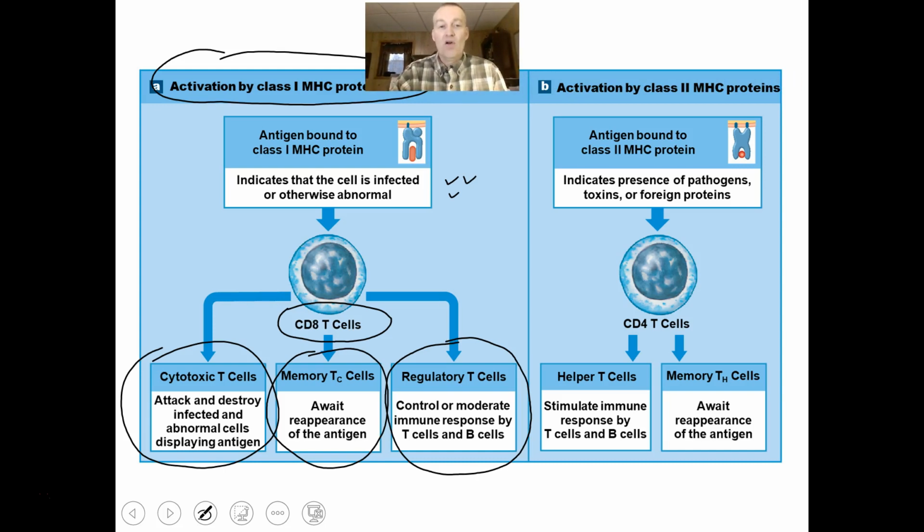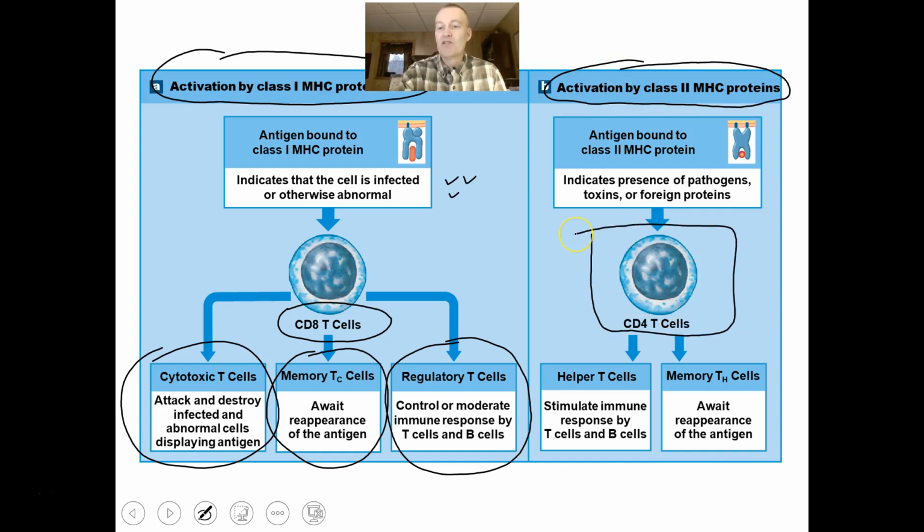Now, all of our cells have those on them and can present when there's something wrong inside of them. So you can't hide from your immune system. Class 2 MHC proteins are going to be utilized by helper T cells, and they're going to indicate the presence of pathogens, toxins, or foreign proteins.